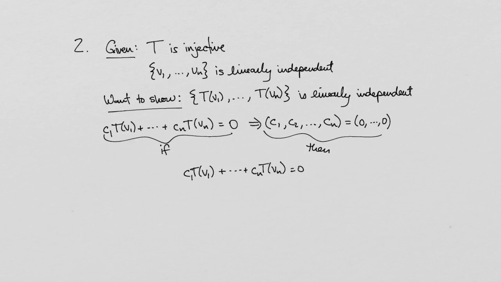we can rewrite this equation by saying that T(c1 v1 + ... + cn vn) is equal to 0, since T is linear. Then we know that T maps the 0 vector to the 0 vector and that T is injective. So the 0 vector is the only vector that T maps to the 0 vector. Therefore, this vector inside parentheses on the left-hand side is necessarily equal to the 0 vector.